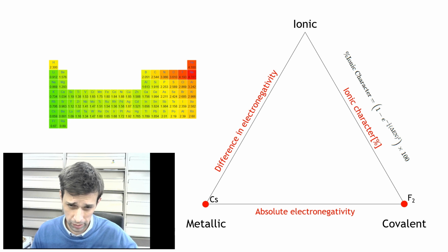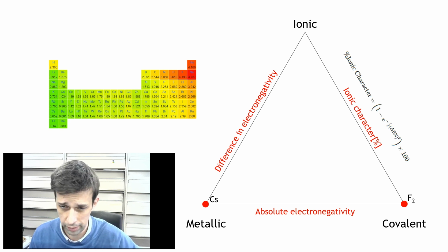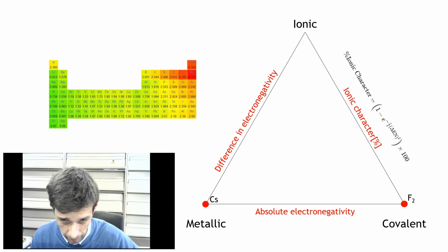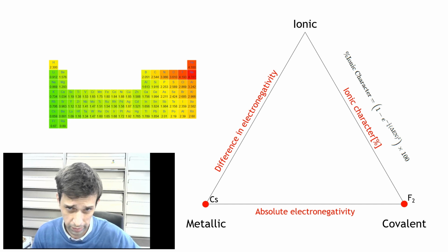That's why we have conductivity. So in the case of cesium here, we have a very loose bonding between nuclei and electrons, which gives an almost completely metallic characteristic. The absolute electronegativity is very low, and if it's cesium with cesium, then there is no difference in electronegativity, which makes the material almost completely metallic.